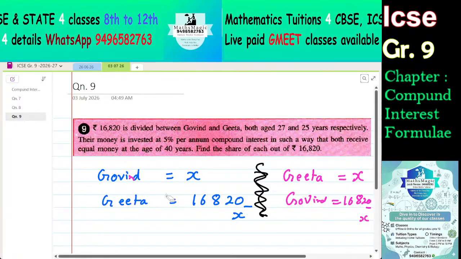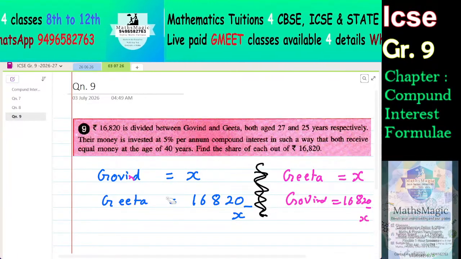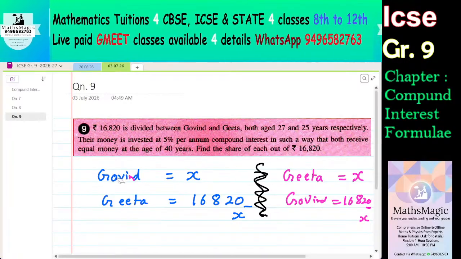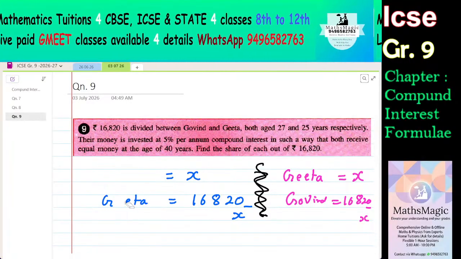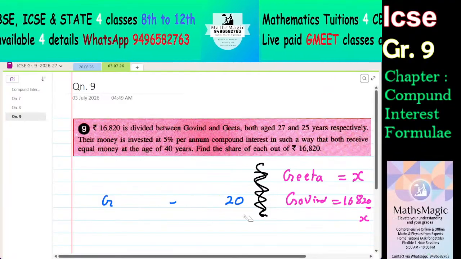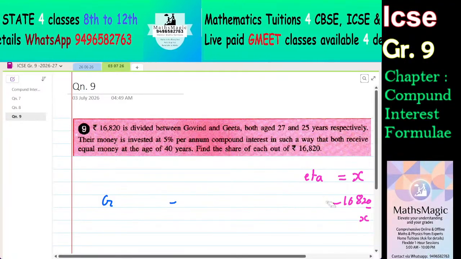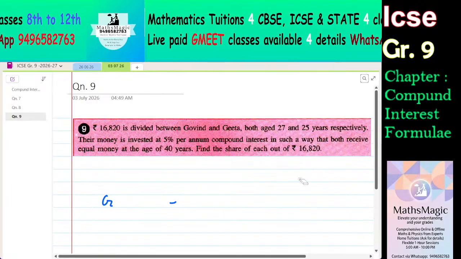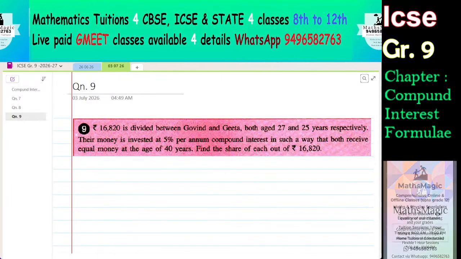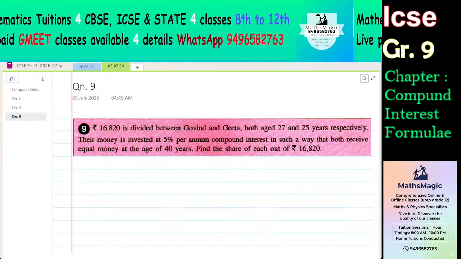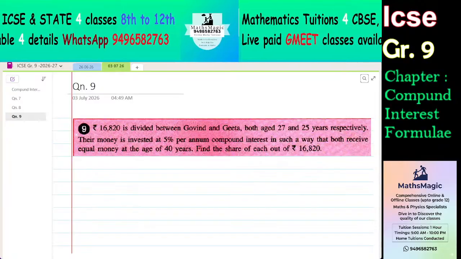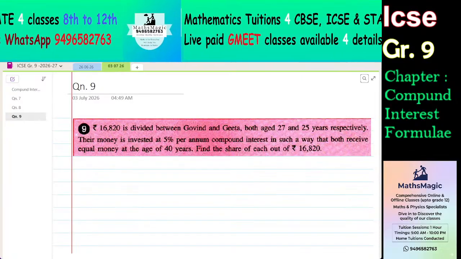First person gets X, the second person gets 16820 minus X. So let me start with Govind having X and Geeta having 16,820 minus X.